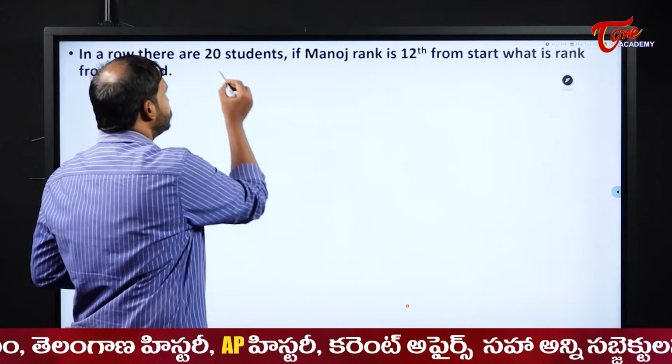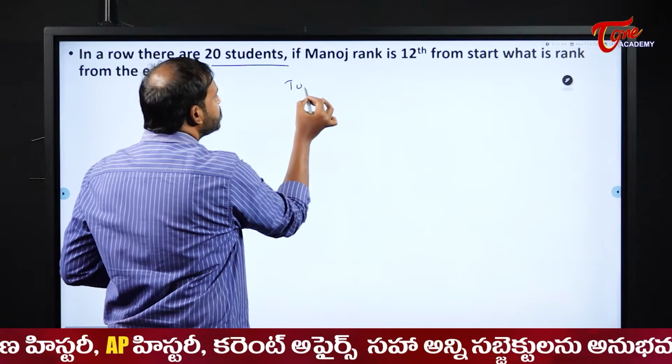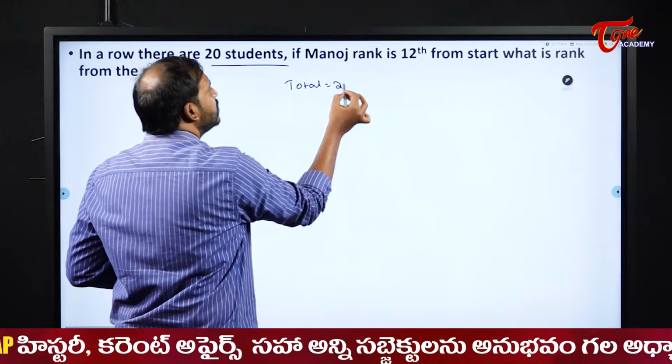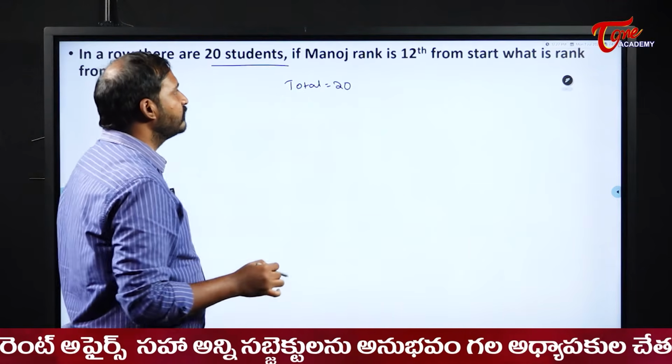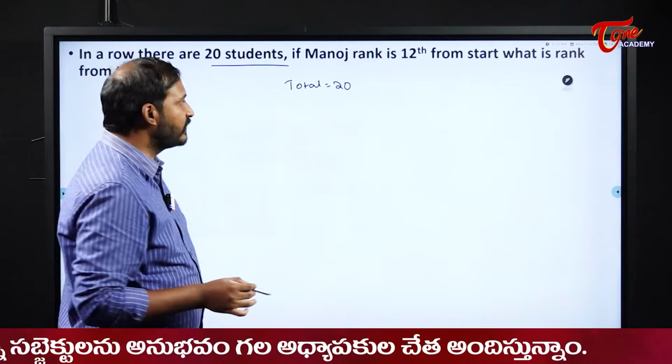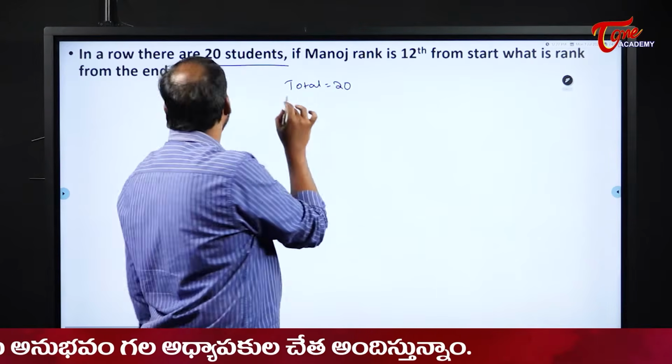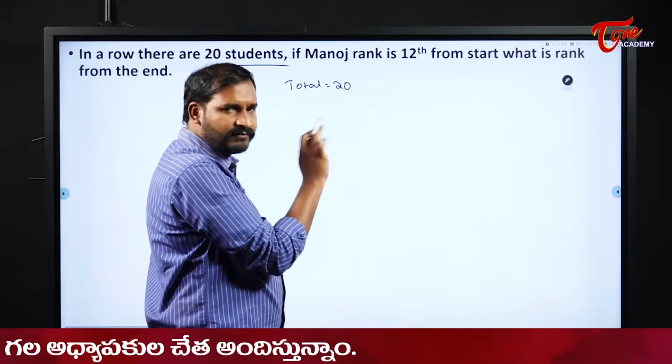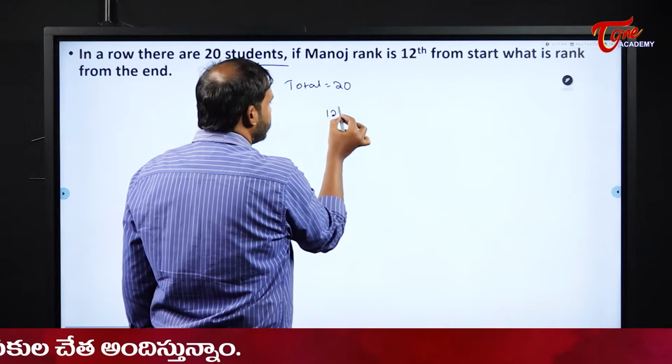In a row there are 20 students. So the total number of students in that row is 20. If Manoj's rank is 12th from the start, what is his rank from the end? Assume the start as left. So he is 12th from the left.